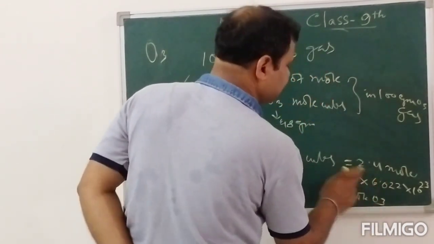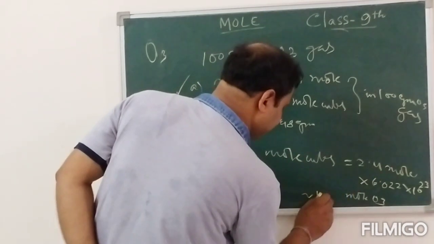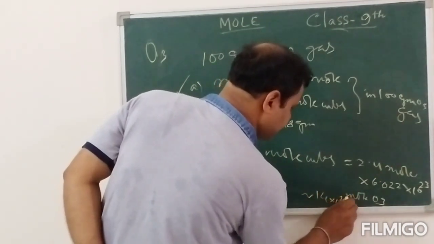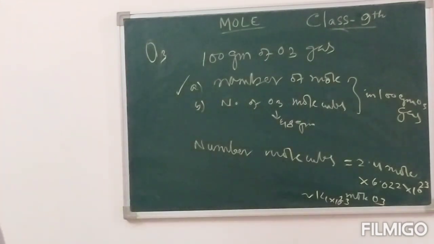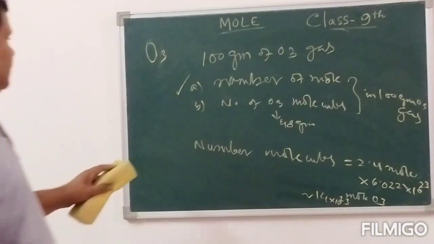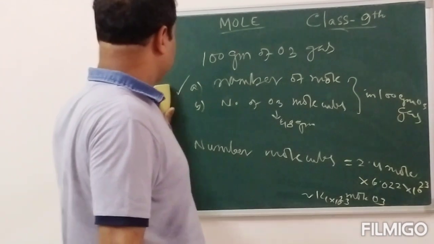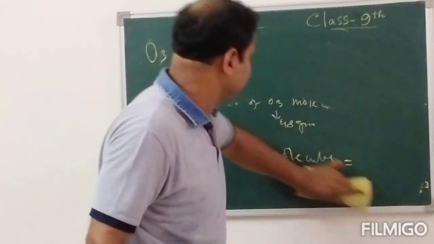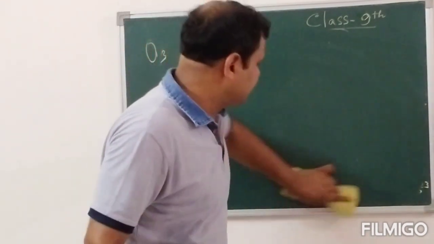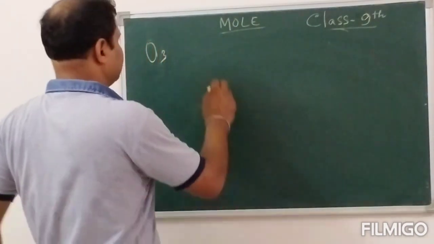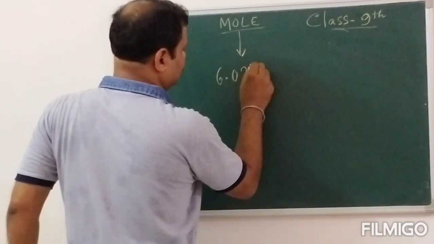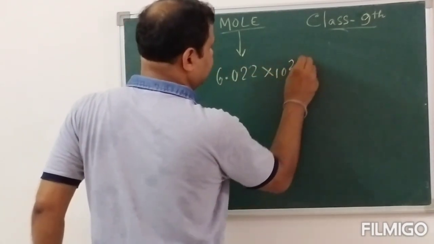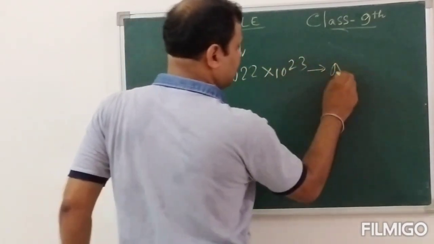This will come around 14 into 10 raised to 23 molecules of O3. So it is very clear now. Mole is nothing but the number 6.022 into 10 raised to 23, which we call the Avogadro number.